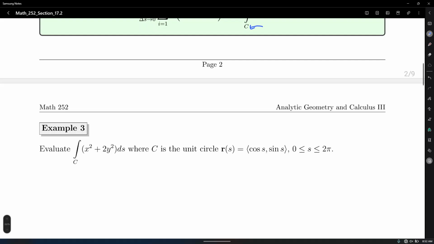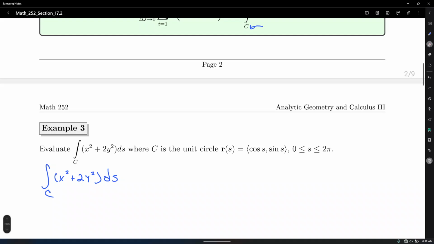What are we going to do here to evaluate this integral? So the integral of x squared plus 2y squared ds, that's along the trajectory C. And this is just going to be a pretty basic substitution.